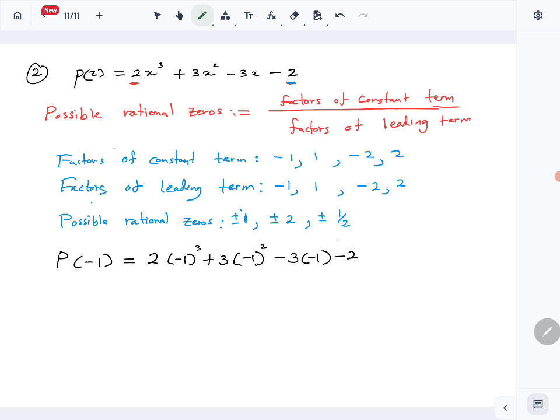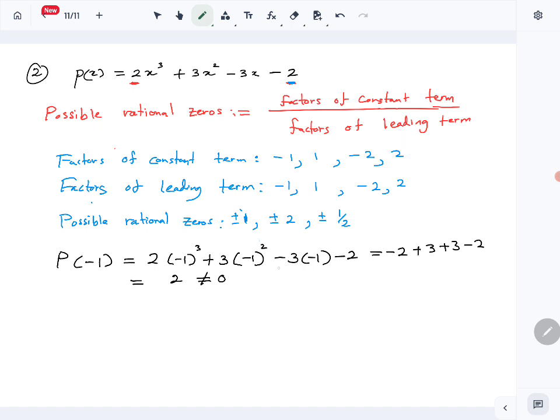What do you get? Minus 2 plus 3 plus 3 minus 2, which is plus 2. So this is not equal to 0. So then minus 1 cannot be a zero. We want to find a zero. If we find a zero, it's a factor using the factor theorem.